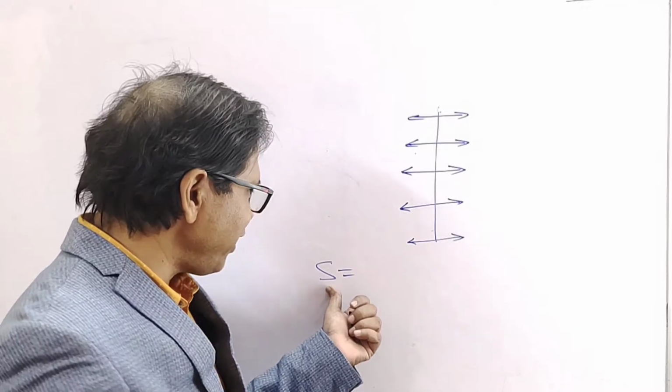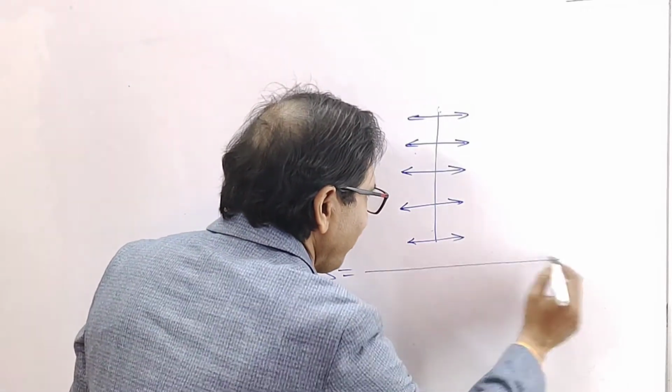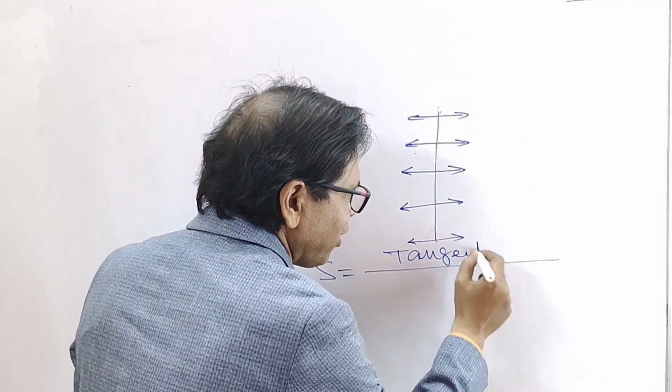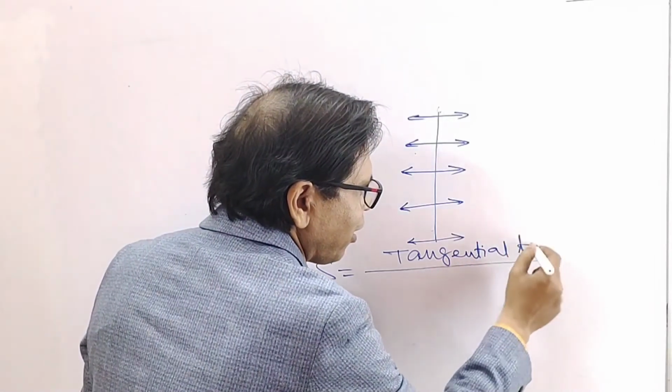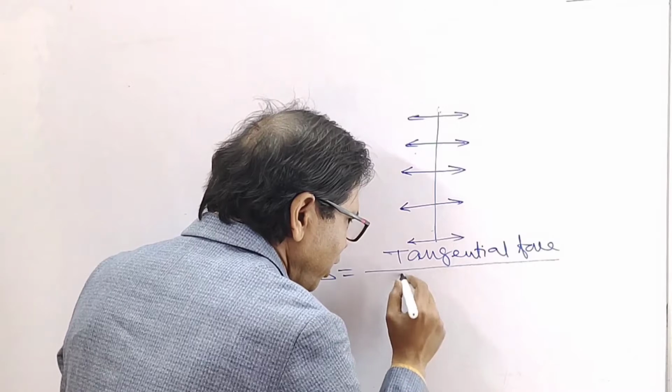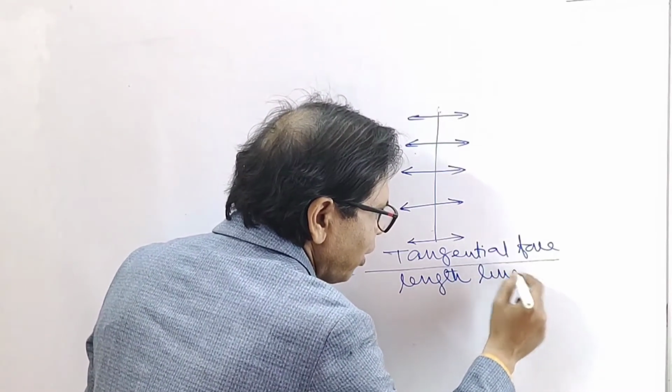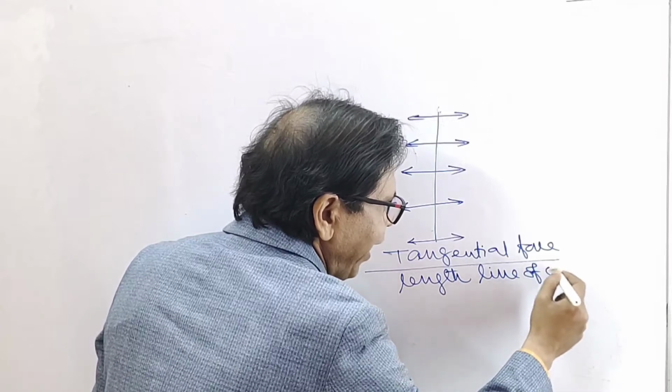Therefore, surface tension S equals tangential force divided by length of line of contact.